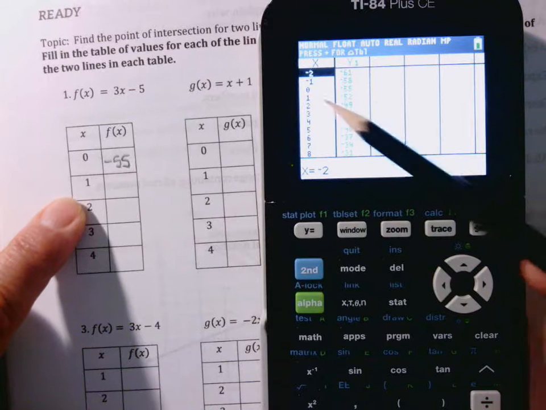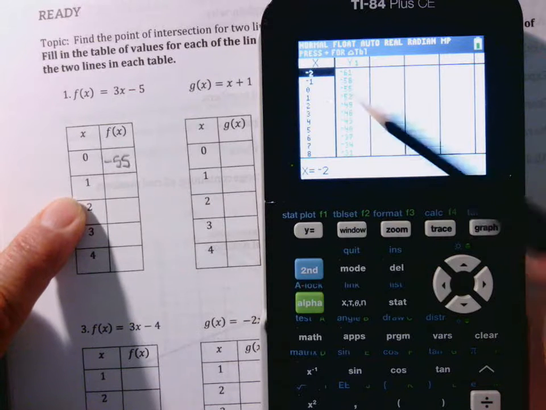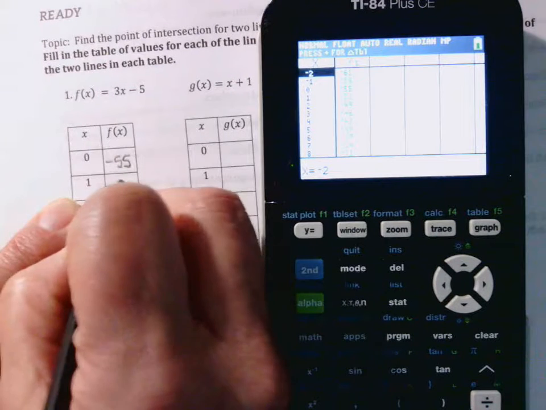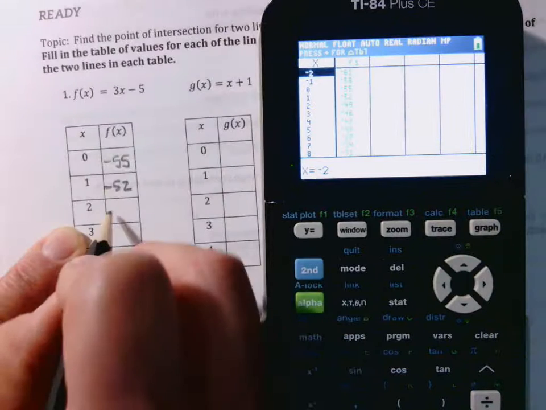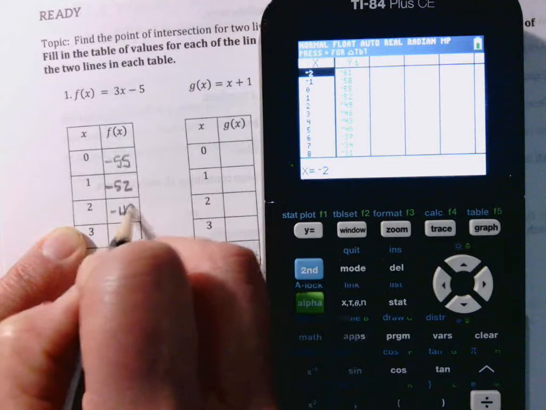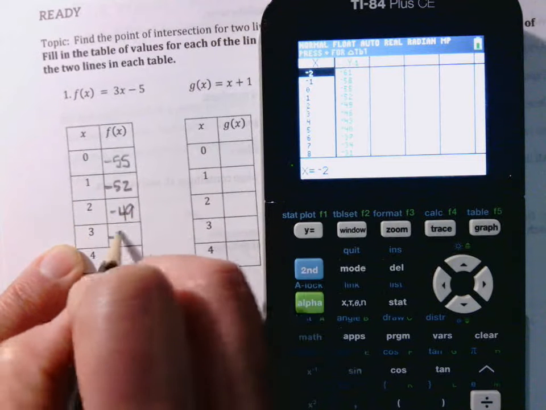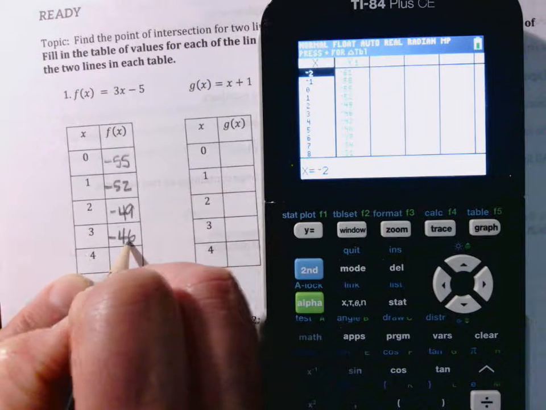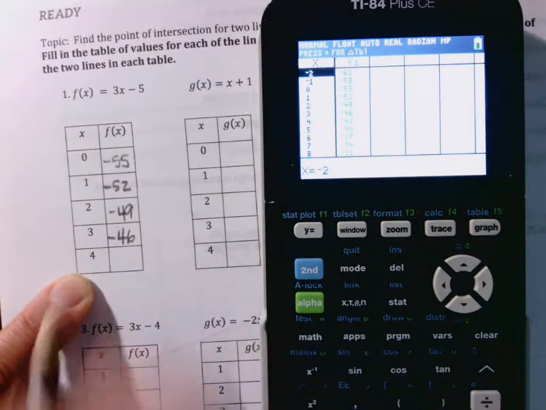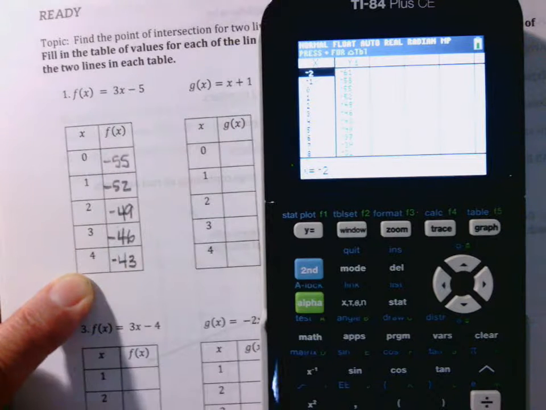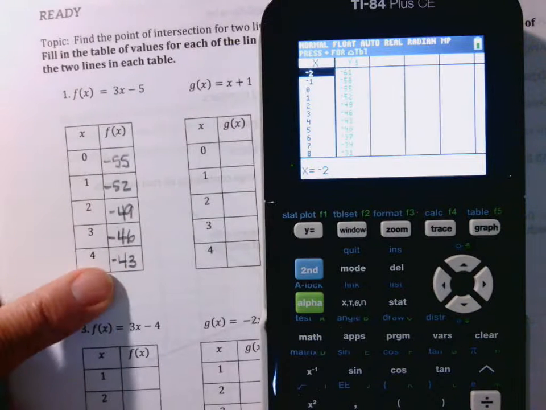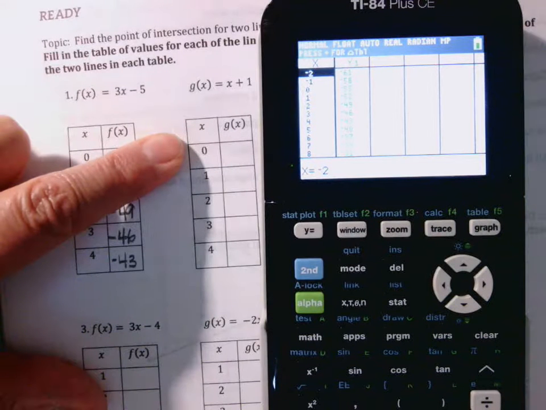And then when x is 1, we have a negative 52. When x is 2, we have negative 49. When x is 3, we have negative 46. And when x is 4, we have negative 43. So that's essentially the first step, just copying down those numbers for each of these functions.